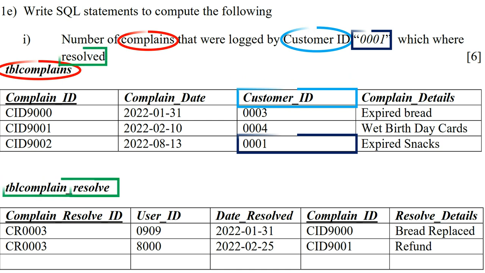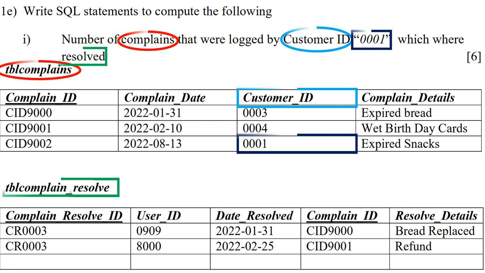Right. So now we want to count the complaints from the complaints table, referring only to a specific customer ID. But these complaints must have been resolved, meaning we are dealing with two relations or two tables here, or two entities.